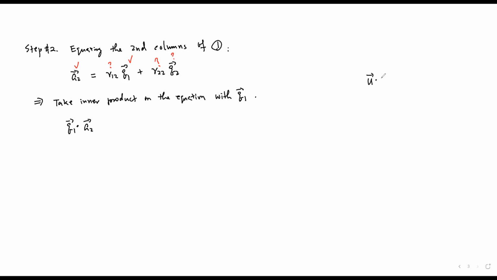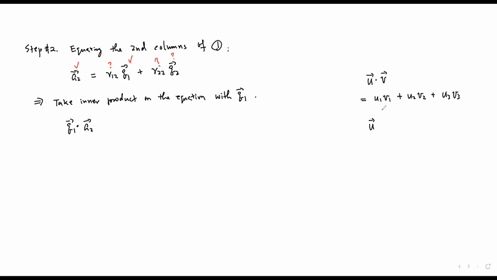A vector dot a vector is the first entry times the first entry plus the second entry times the second entry, the entry times the entry. Here I assume these two vectors are three-dimensional vectors. This is a dot product.